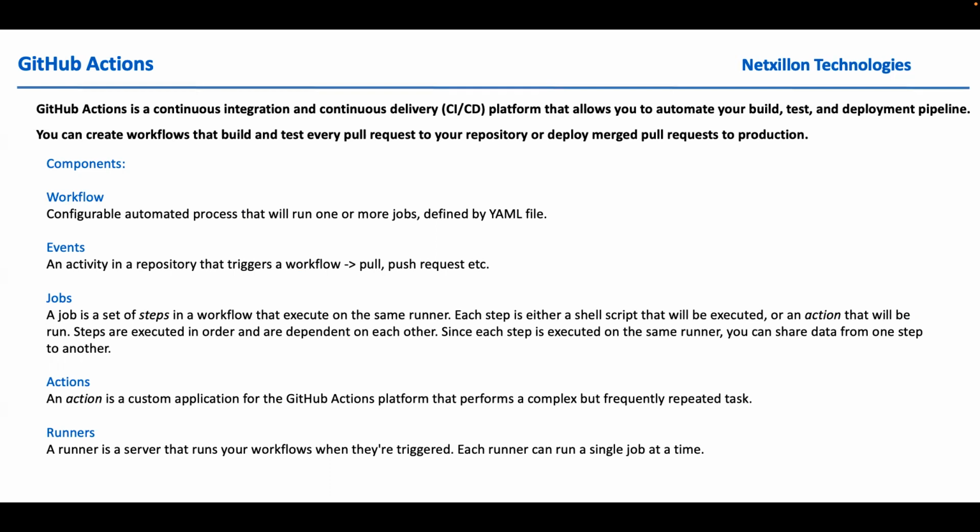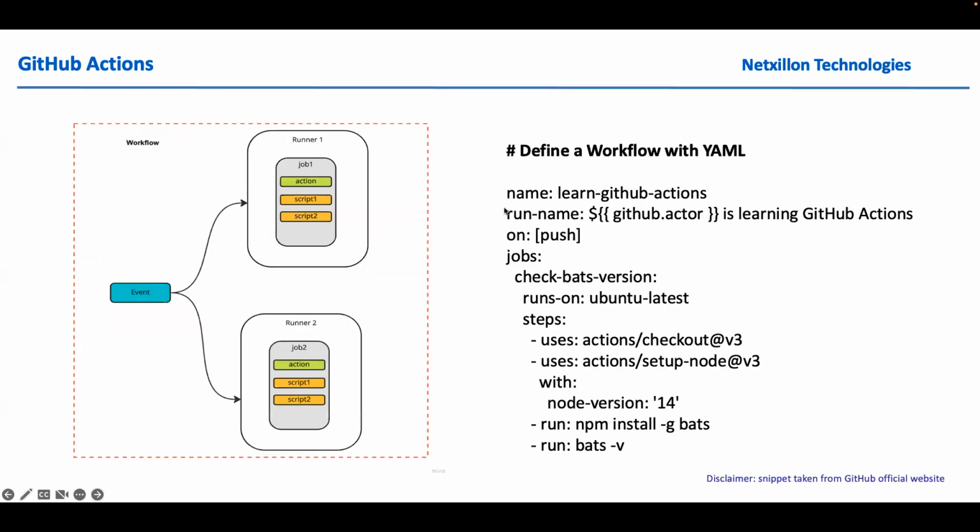Those jobs are triggered by a certain event. An event could be a push, a pull request, or a manual run as well. And those jobs can have multiple actions, and those actions will be executed on a set of nodes, which we call runners.